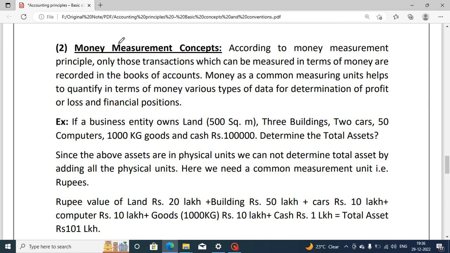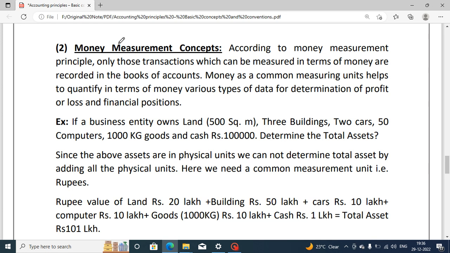In India, the currency is rupee, so we are measuring all things in terms of rupees. Though there are many physical units of measure like kg, meter, square foot, pieces, we need a common unit of measure, and there is only one common unit of measure, that is money: in India, rupees, and in USA, dollars.